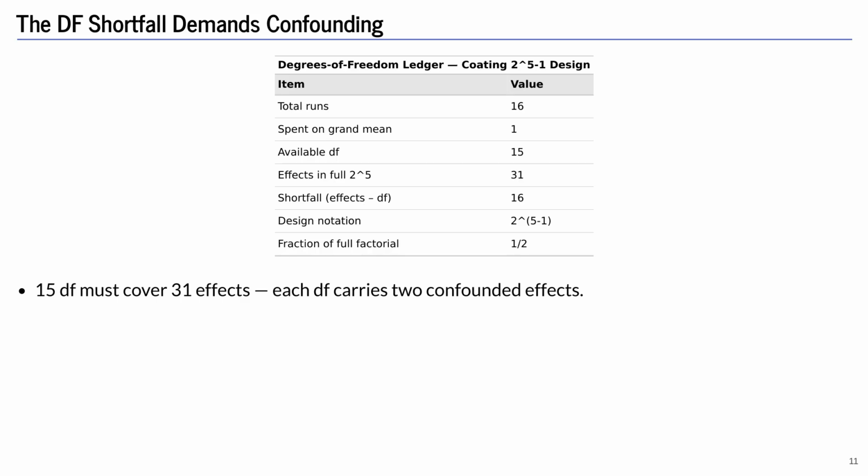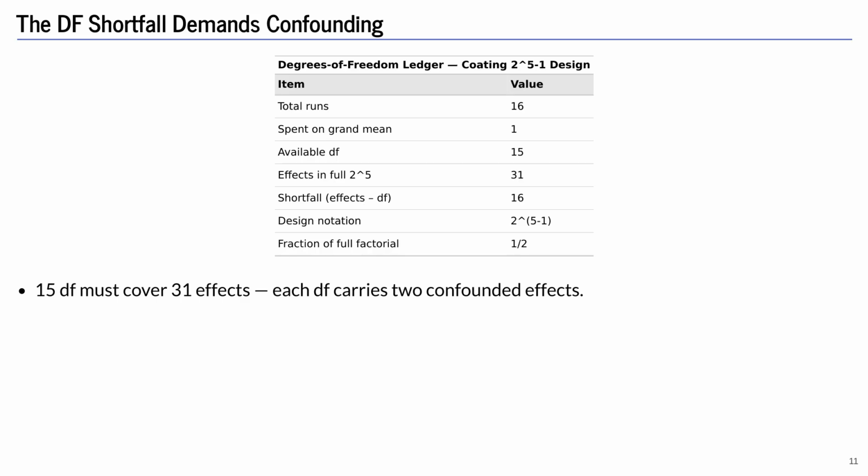Fraction of the full factorial, 1/2. Every one of those 15 available degrees of freedom will carry a pair of confounded effects. The design notation encodes the deal precisely. Now the question becomes, which effects get paired together?